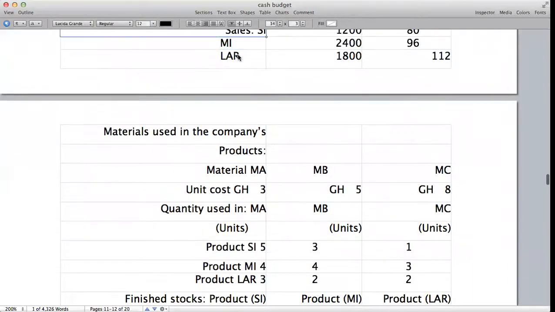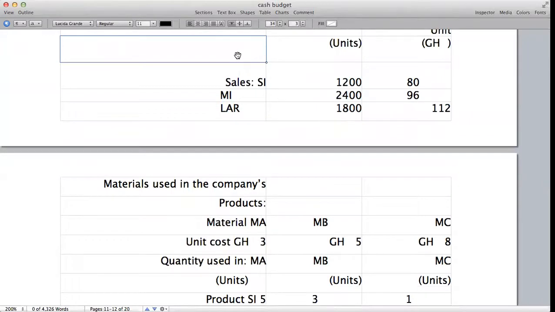Good. So SI is 1,200. MI is what? 2,400. And then finally 1,800.